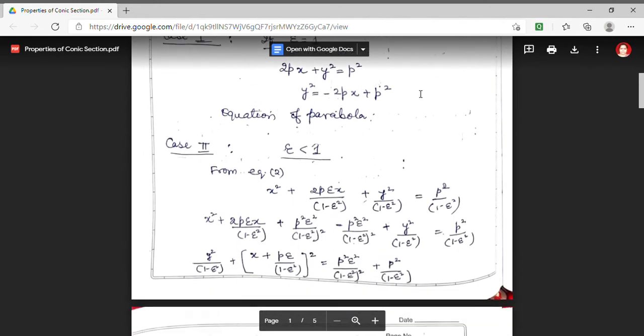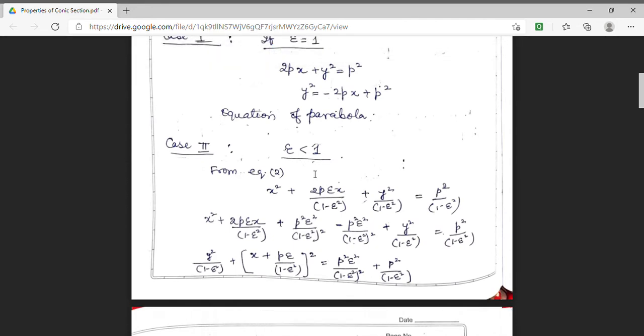To simplify it, I am adding and subtracting a term p square epsilon square upon 1 minus epsilon square whole square.